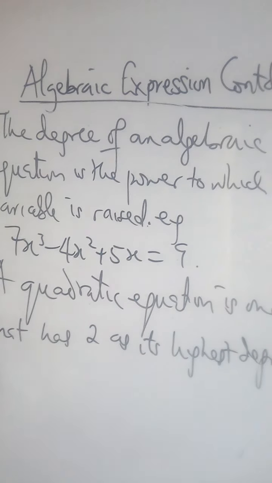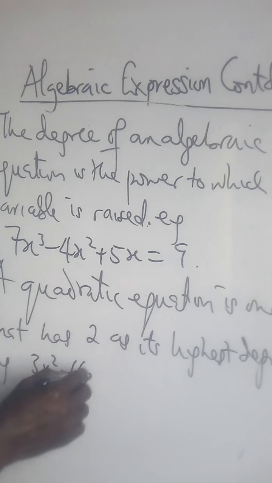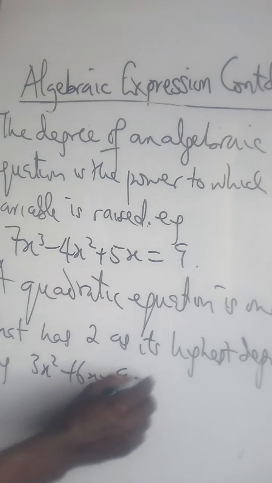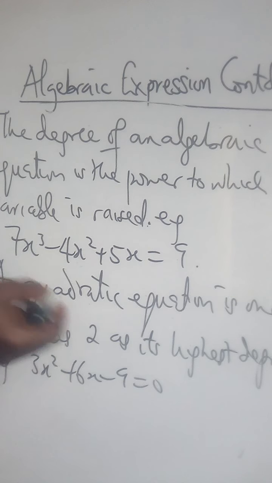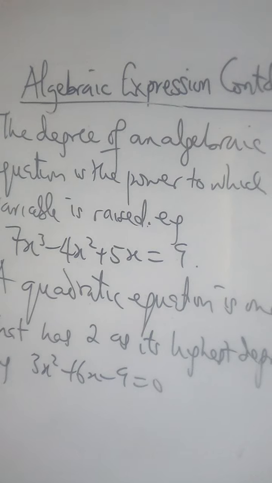For example, we can have 3x squared plus 6x minus 9 is equal to 0. This is a quadratic equation, and the highest degree there is 2.